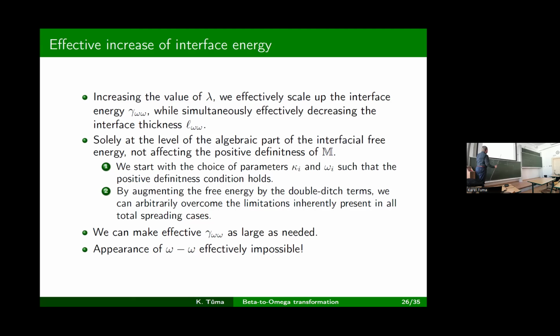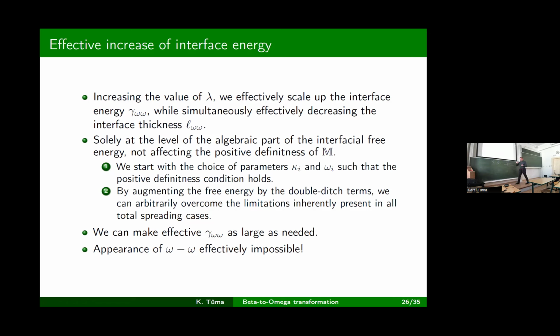So how do we proceed? We choose the interface thickness parameters, gamma omega omega, gamma beta omega, L beta omega. From this, we compute kappa i's and epsilon i's. We do it such that the positive definiteness is satisfied.